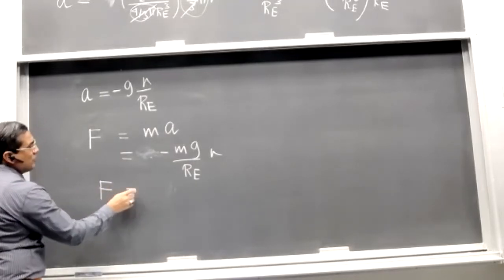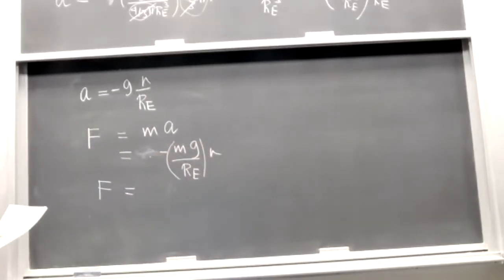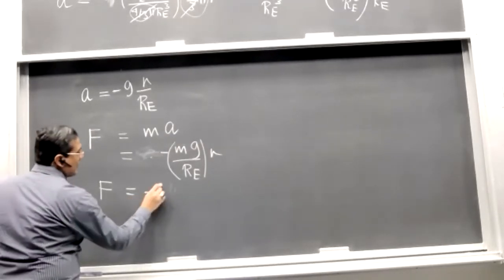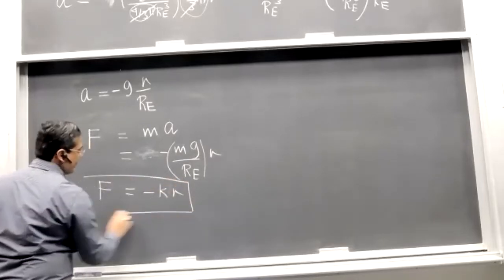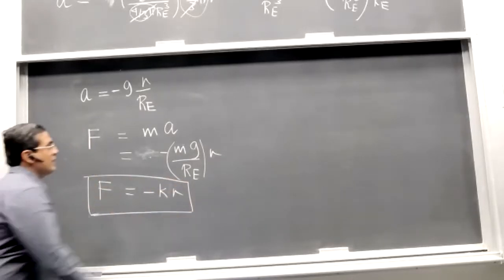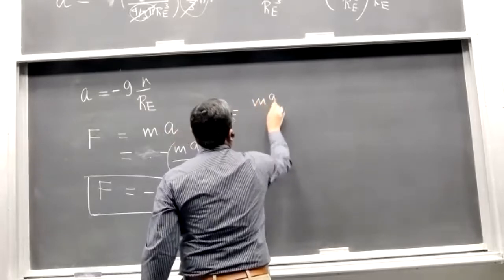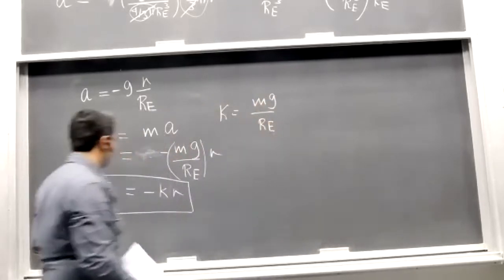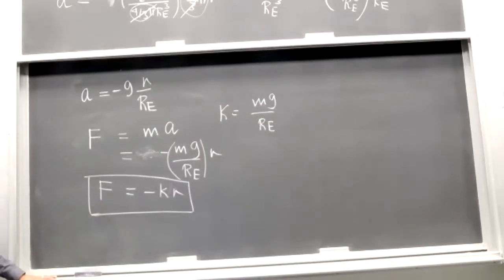F is equal to, this whole thing is nothing but a constant, no? So can I write it like this? F equals minus KR, where K is mg over R_E. See this equation? Looks familiar? Hooke's law की आ गई.